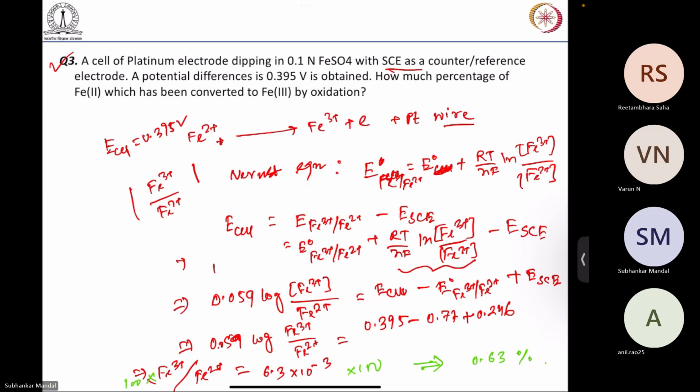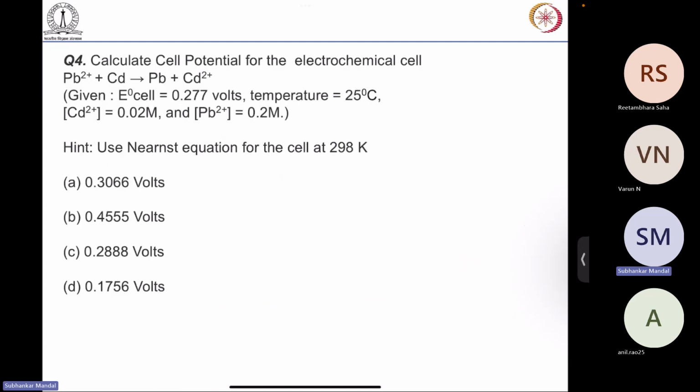Okay. Now we can go to the next problem. It is given: calculate the cell potential for an electrochemical cell, palladium 2 plus plus cadmium going to palladium plus cadmium 2 plus.